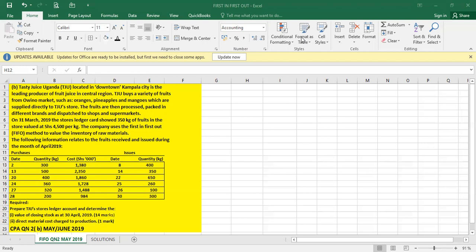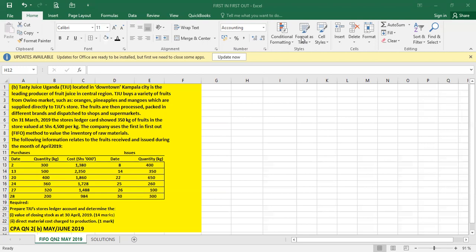The question says, Tase Juice Uganda Limited, located in downtown Kampala, is the leading producer of fruit juice in the central region. TJU buys a variety of fruits from Owino market, such as oranges, pineapples, and mangoes.